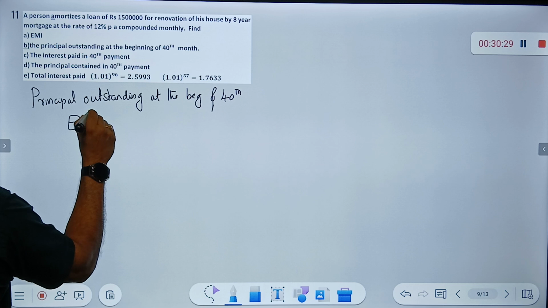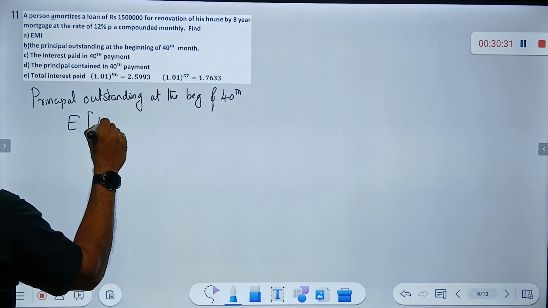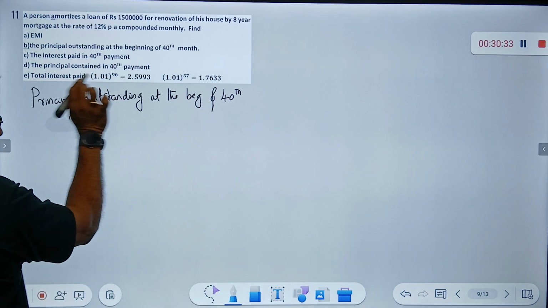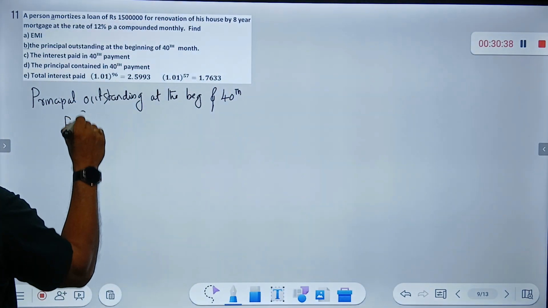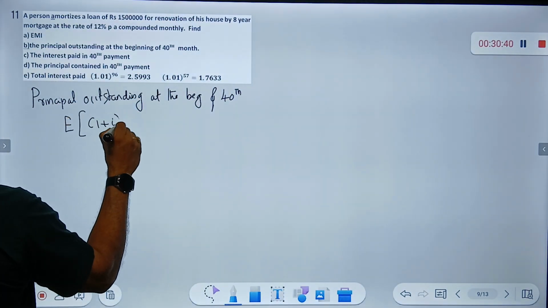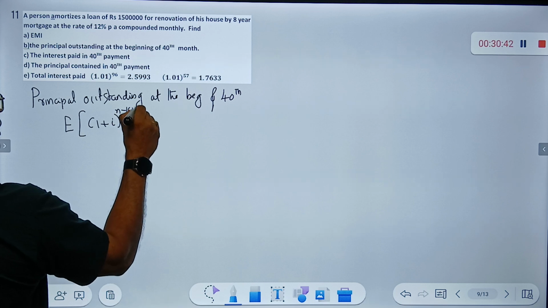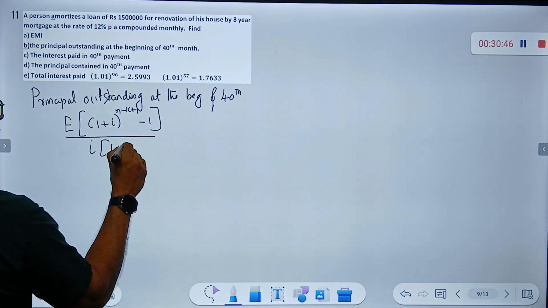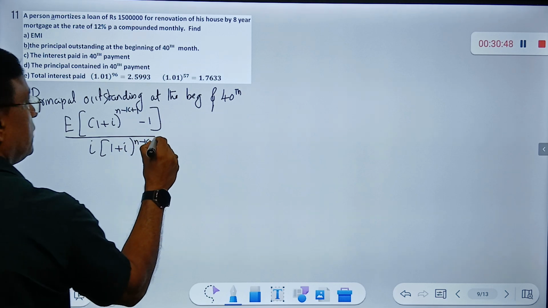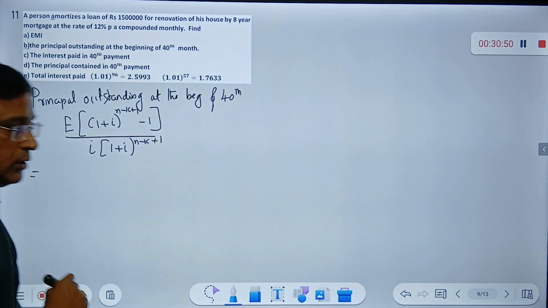E into 1 plus I to the power of n minus k plus 1 minus 1 divided by I into 1 plus I to the power of n minus k plus 1. Now EMI is already known to me.